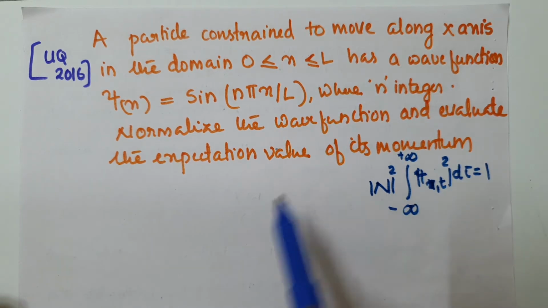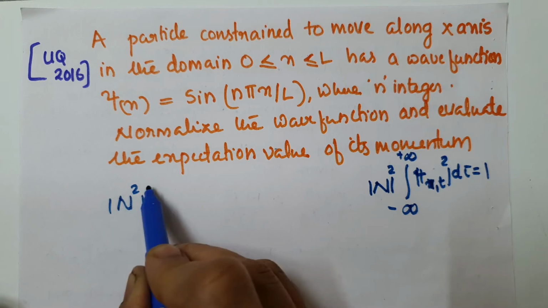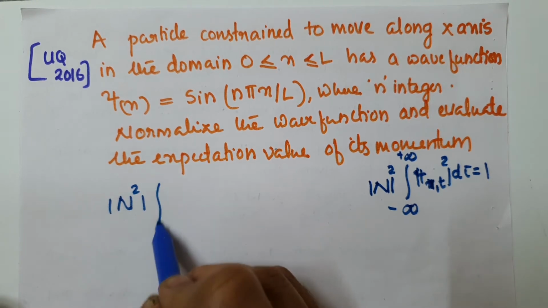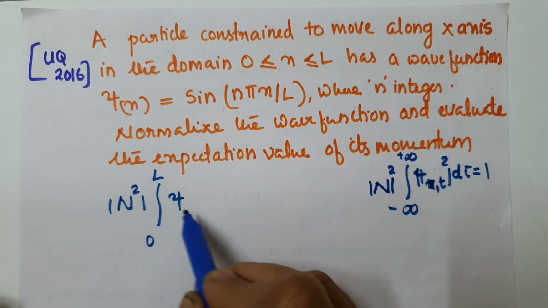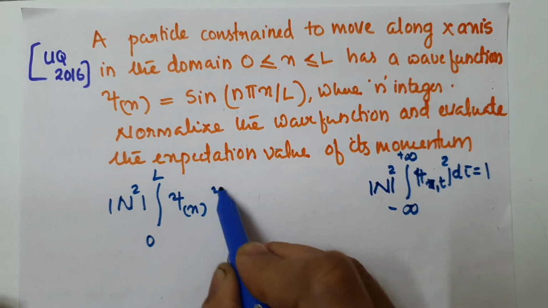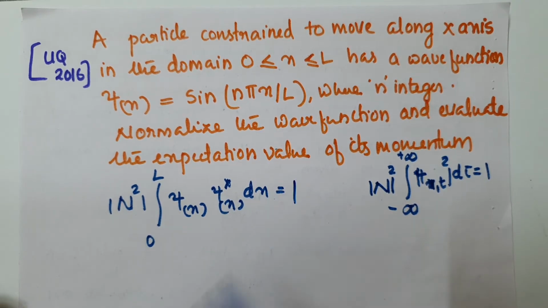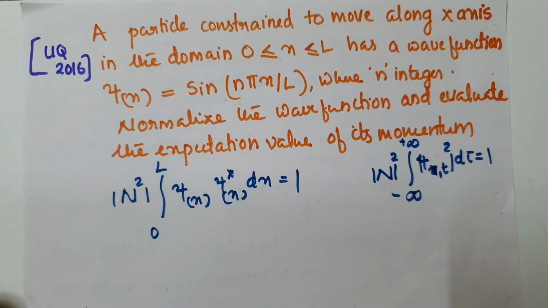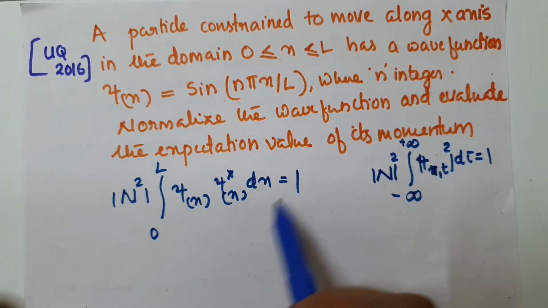So the equation will be the normalization constant N squared, integral 0 to L psi x psi star x dx equal to 1. This is the normalization condition, or it can be represented as the integral of psi x squared dx equal to 1.